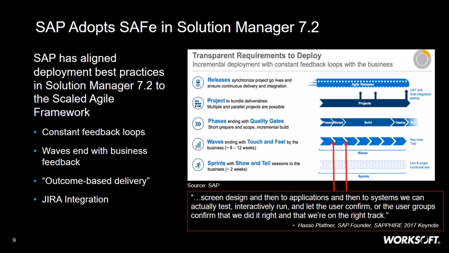So it's very much focused on the business outcomes. Another minor point: SAP has integrations with Jira. Jira is used in the custom apps world, and SAP is also integrating with it for the ability to automatically create and track defects using Jira.